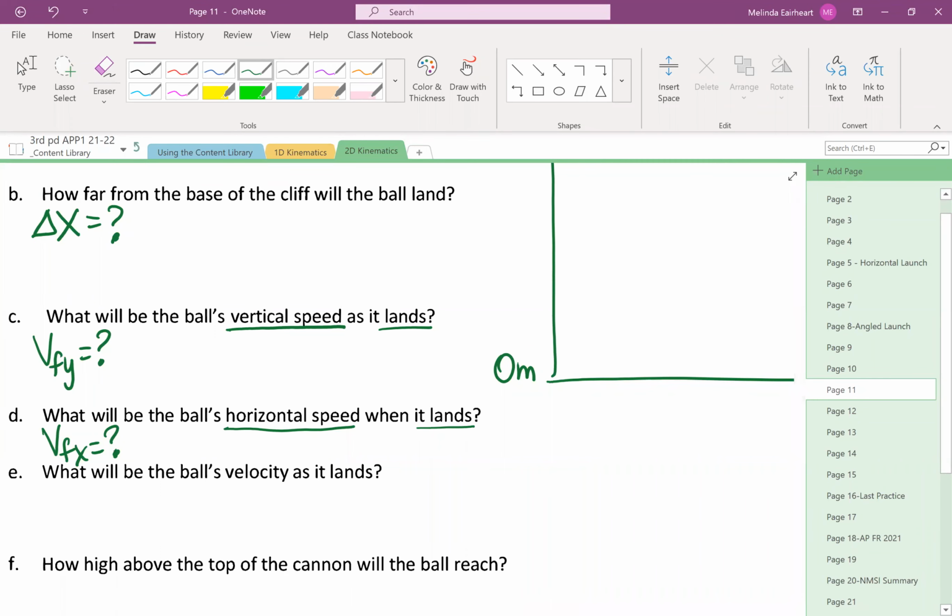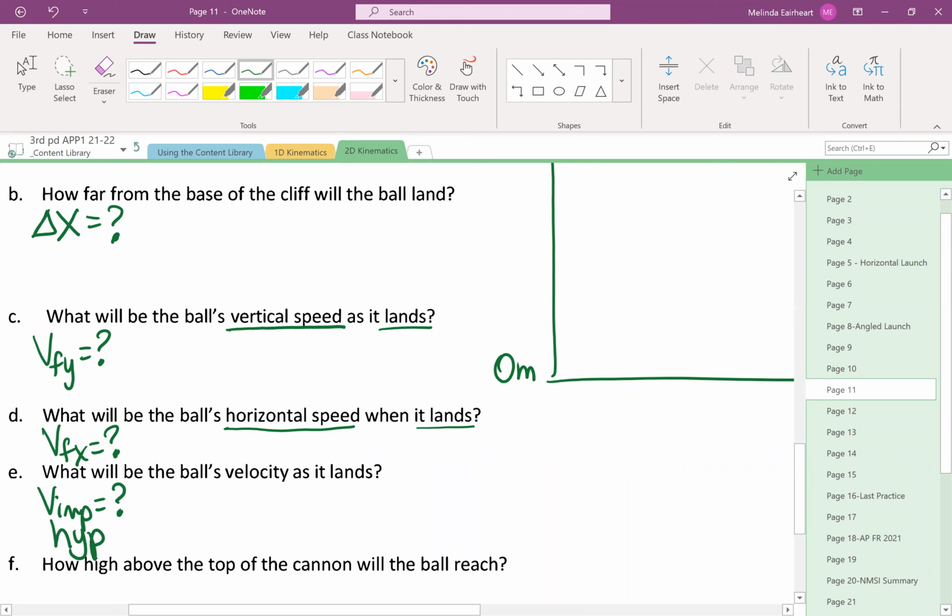And so this is when it lands. This is that impact velocity. And hopefully you remember that it's going to land at some angle. And so why have C and D? Well, if you know the horizontal and vertical components, can't we solve for the hypotenuse? E is going to be our hypotenuse.